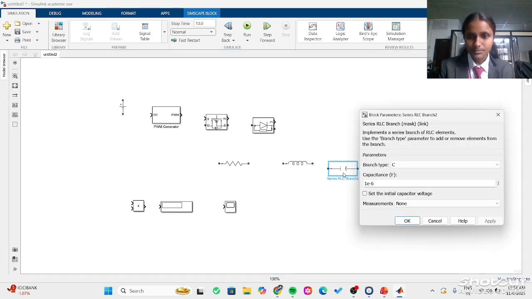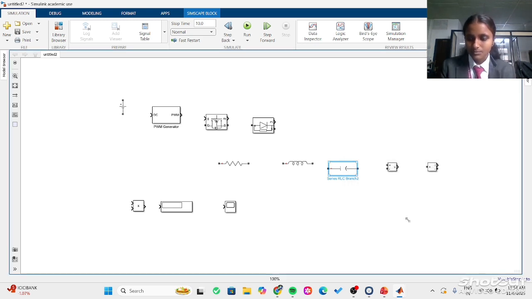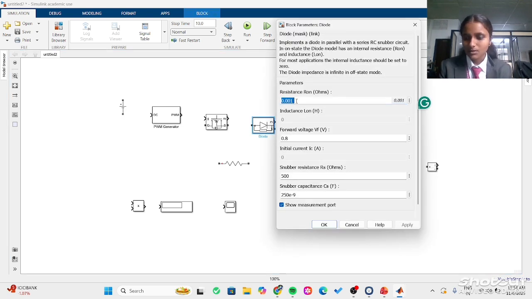For the capacitor, it is 5.5. For the diode resistance, 0.011, as it is. For the forward voltage, 0.8. For this number, it's the same.